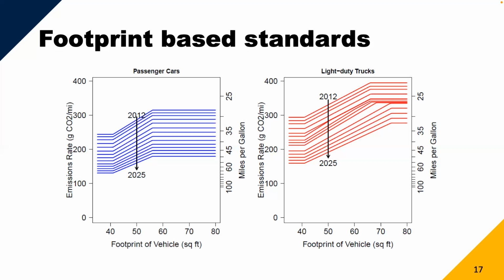If you produce a lot of larger cars, we're going to let them have a lower MPG target or a higher emissions rate target. And as the years go on, that target will drop, and depending where you are on this blue line, that determines your rate.